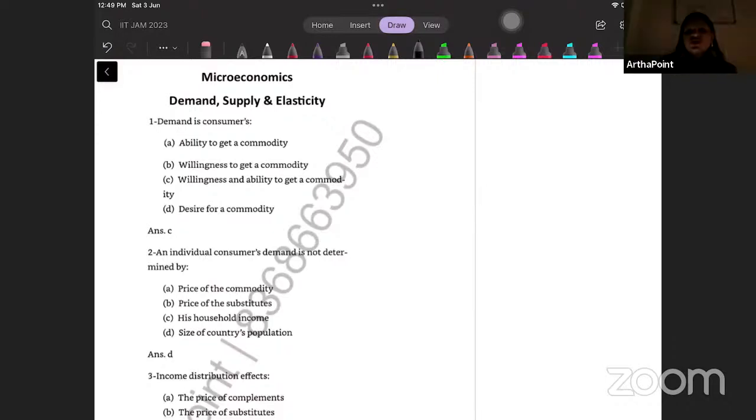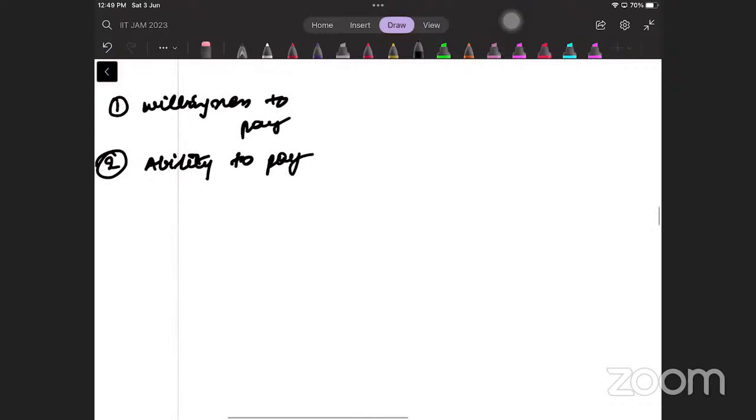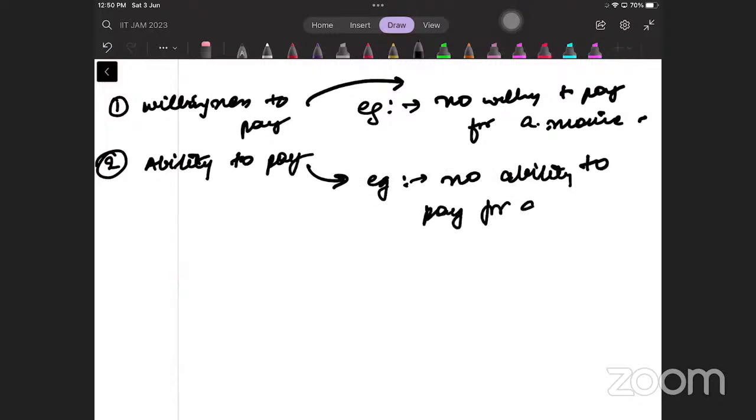Demand is consumers. So we know that whenever we talk about demand, it is demand में दो कंपोनेंट आते हैं बेटा. फर्स्ट, विलिंगनेस टू पे. सेकंड, एबिलिटी टू पे. बेटा फॉर एग्जाम्पल, you may have no willingness to pay for a movie, तो डिमांड नहीं करोगे. जैसे फॉर एग्जाम्पल you may have no ability to pay for a, let's say car, तो डिमांड नहीं कर पाओगे.